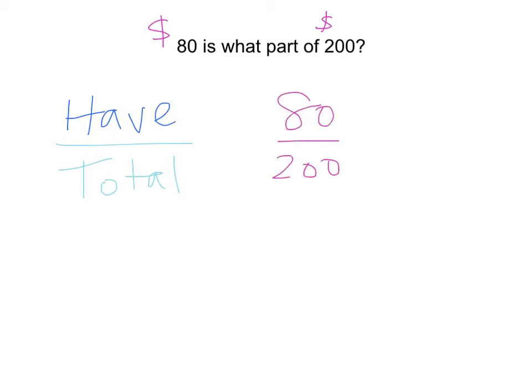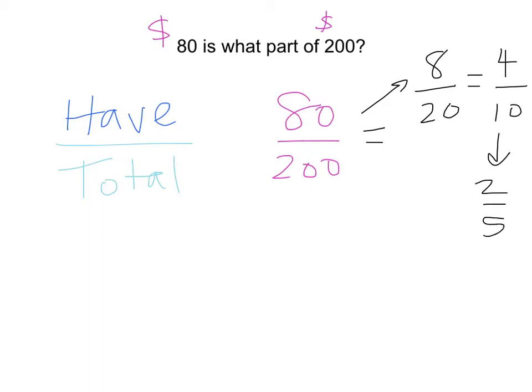We've talked about how we can have all these equivalent or equal fractions, and there's another video on that tonight for the weekend's homework. You can have lots of ways to break this apart. Some people might divide both the numerator and denominator by 10 first, and then divide by 2, and again by 2, to get to 2/5.